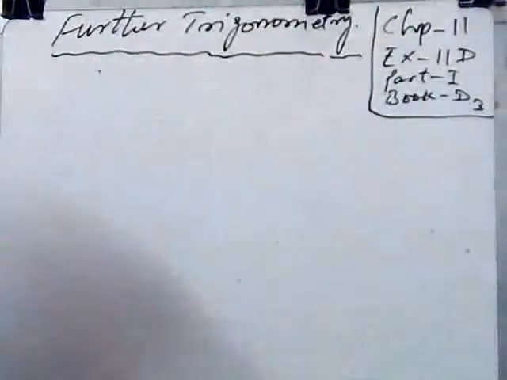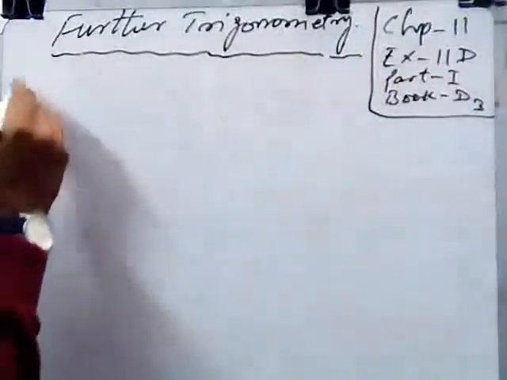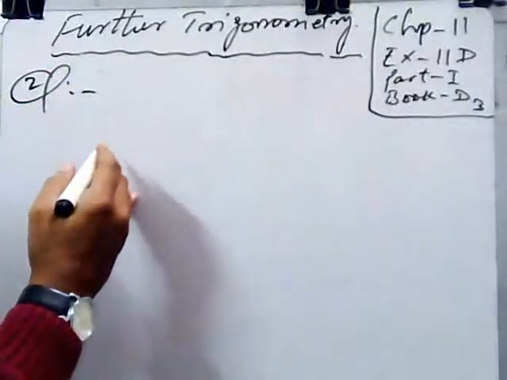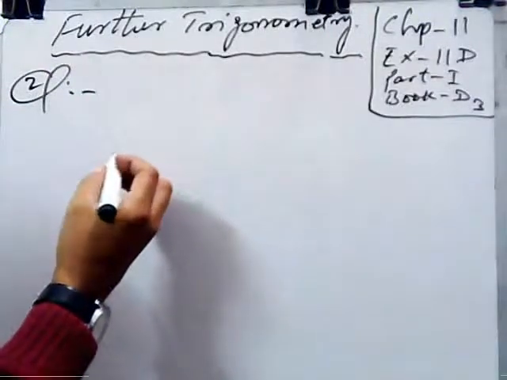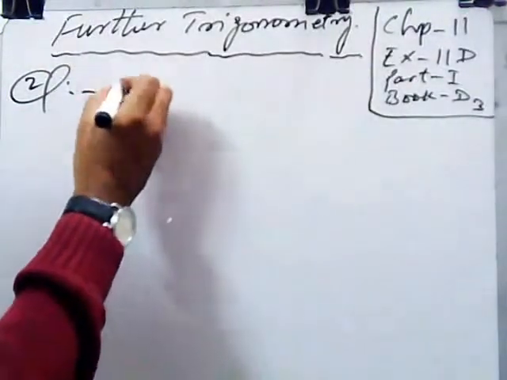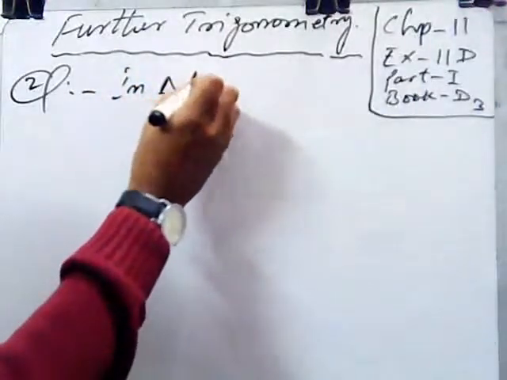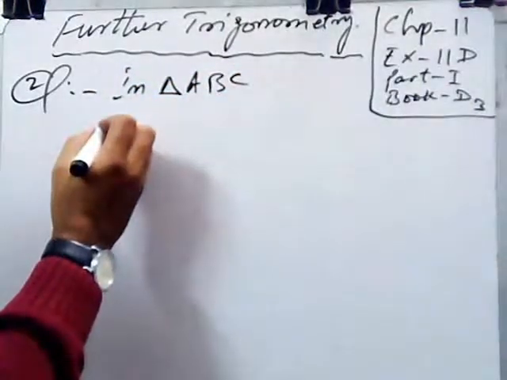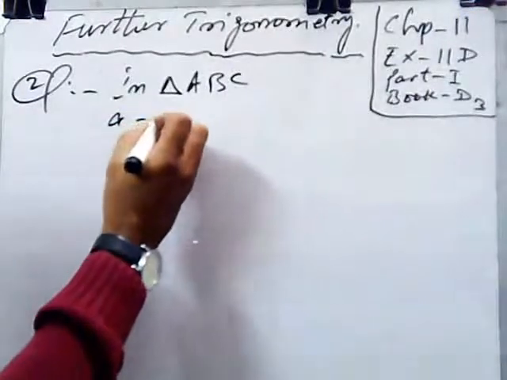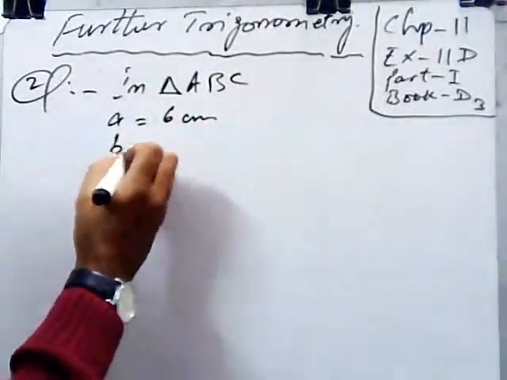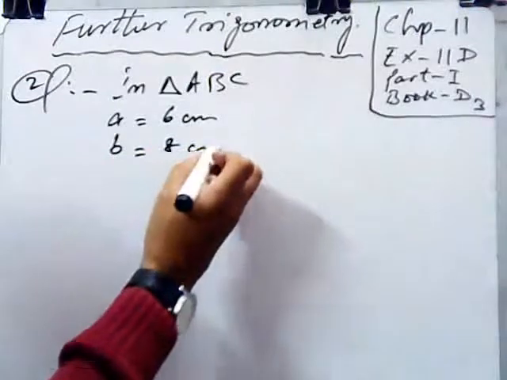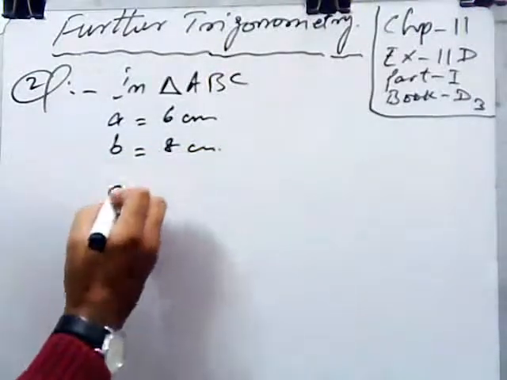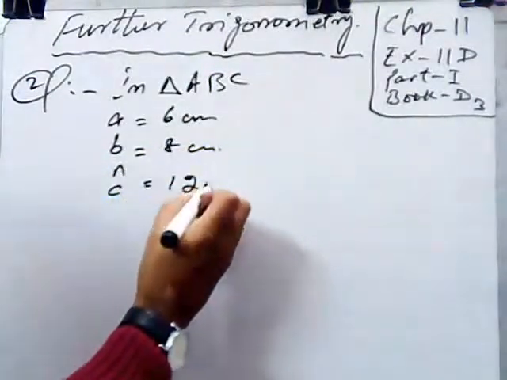Now coming to question number 2. In question number 2, in triangle ABC, the value of a is 6 centimeters, the value of b is 8 centimeters, and angle C is 120 degrees.